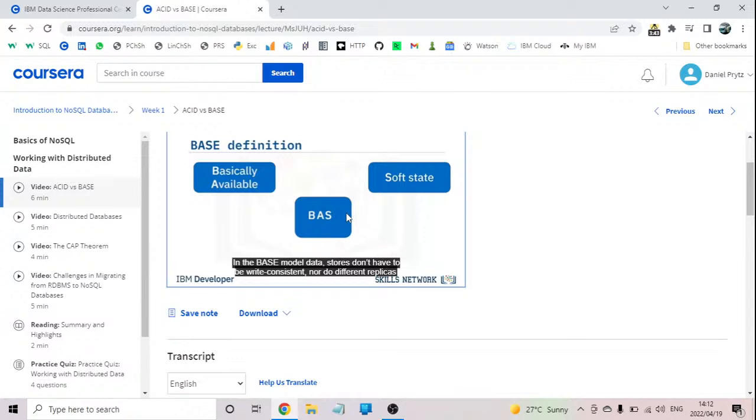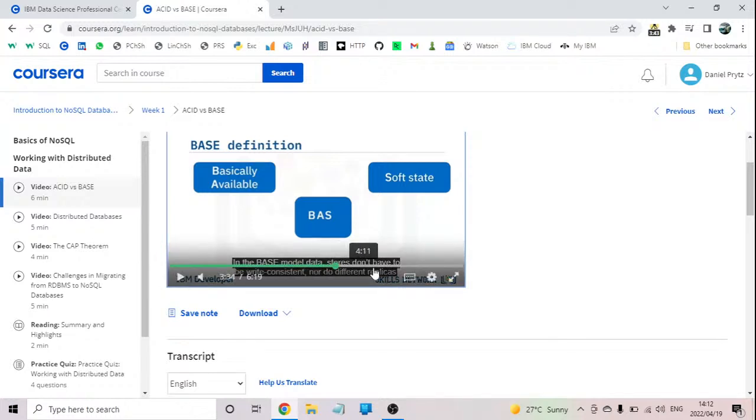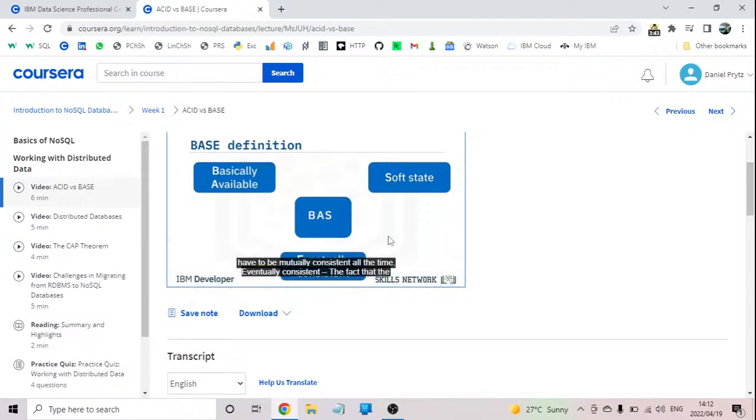Okay. There is one more, I think. Soft state, and I think there is eventually consistent. Okay, so then we have eventually consistent.